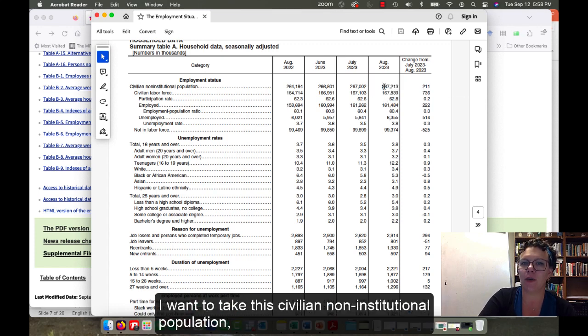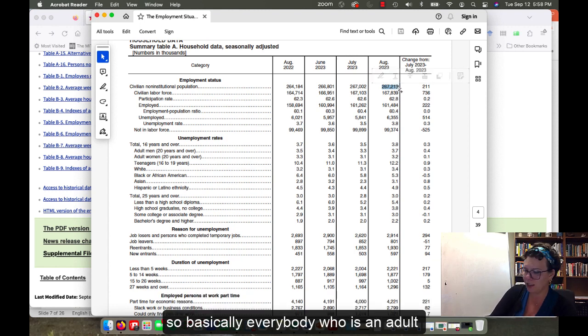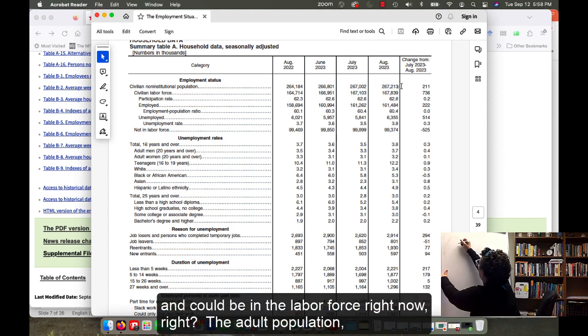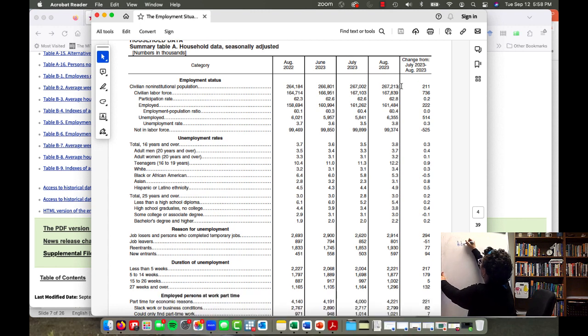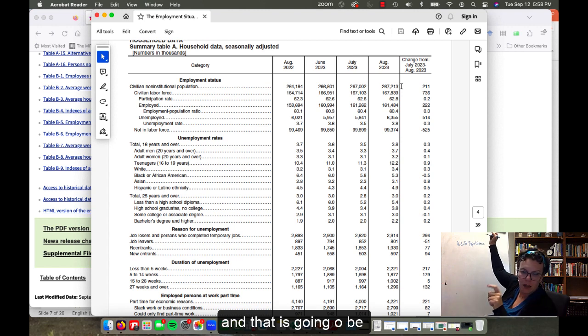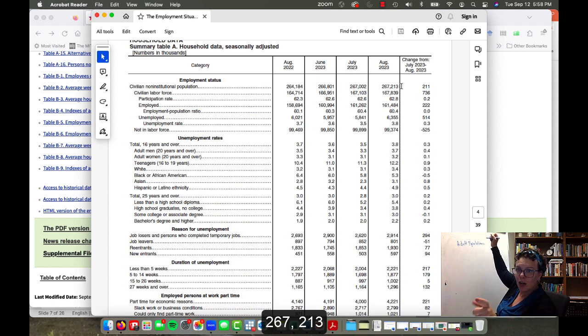But what I want to do is take this civilian non-institutional population. So basically everybody who's an adult and could be in the labor force, right? That's our adult population. And that is going to be 267,213.